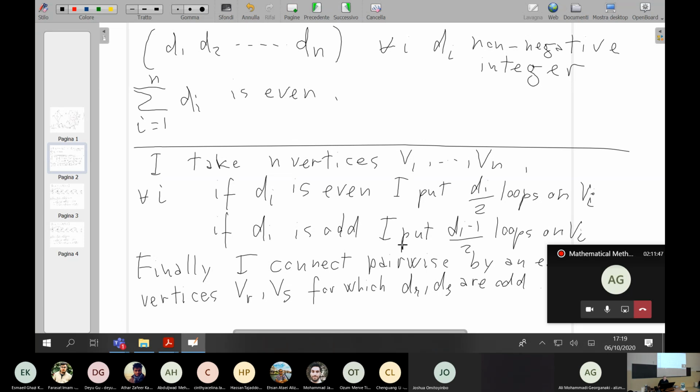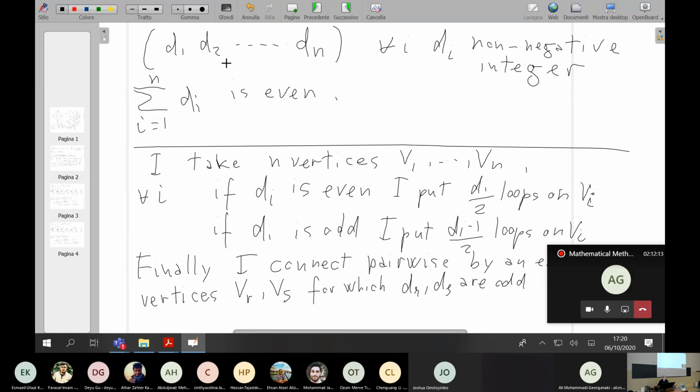Now I'm left with some vertices which have saturated their degree, and some for which a 1 is missing, one edge is missing, okay? But remember, the sum is even, and so there must be an even number of odd numbers. Sorry for the seeming pun, okay?